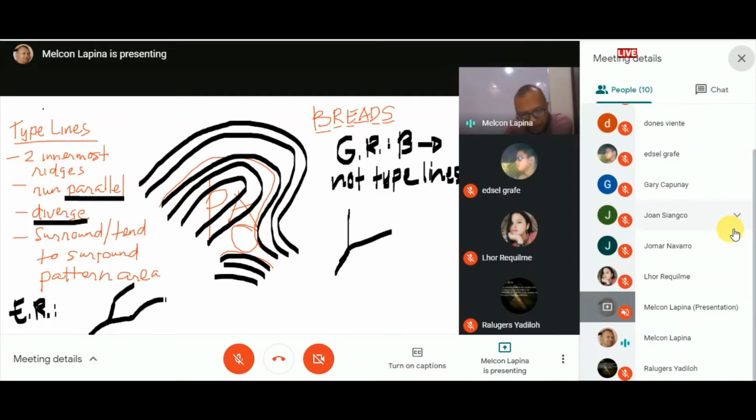And then pagkatapos niyan, diverge, and then tend to surround the pattern area. Yan, exception yan sa rule. Pwede pala ang bifurcation if after bifurcating, the ridges run parallel and then diverge and then surround or tend to surround the pattern area.